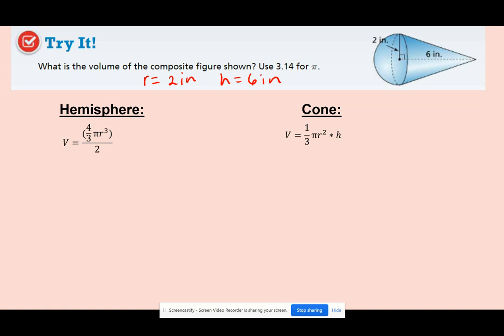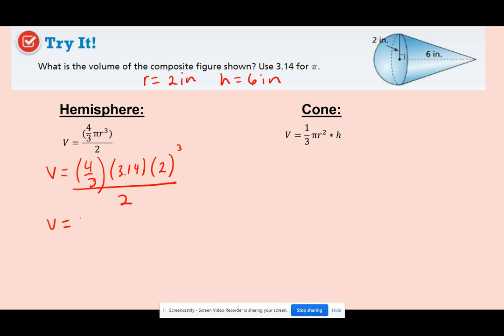All right, and that should be enough because in our equations down the bottom, all we have is r and h. All right, so our hemisphere, we have V equals 4/3, pi is 3.14, our r is 2 cubed over 2. Okay. All right, if I go ahead and I do my 2 cubed, well, that's, again, 8. 2 times 2 is 4. 4 times 2 is 8.